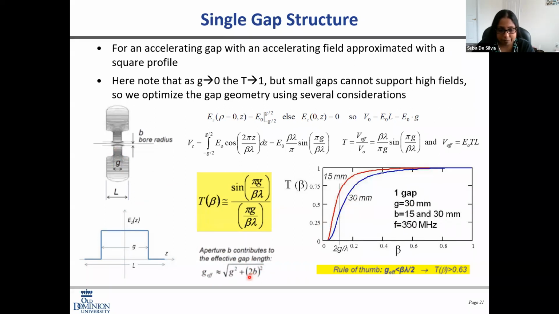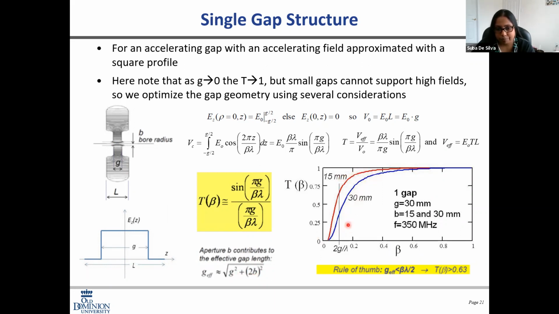So you want to make it effective in transferring the energy. So you want the radius or the diameter to be less than the gap for this to be effective.